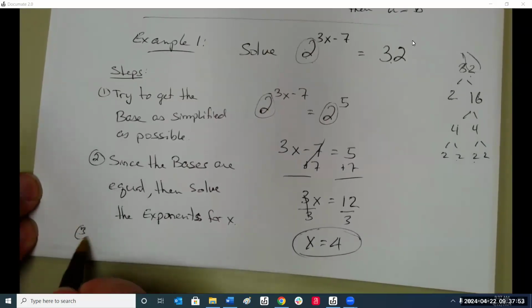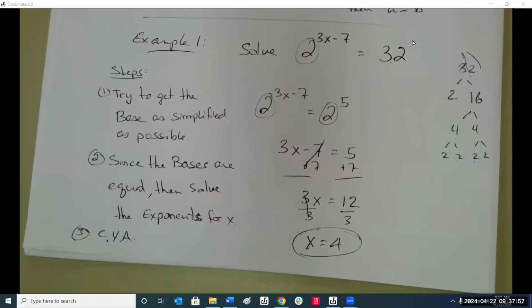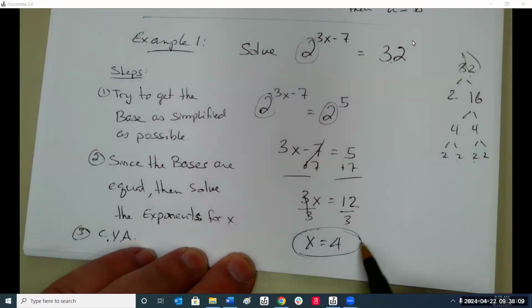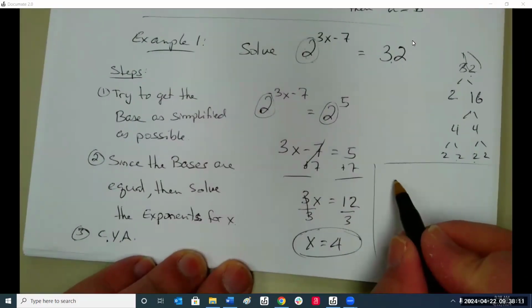Then always remember, check your answer. How do we check the answer? Go back to the original equation.